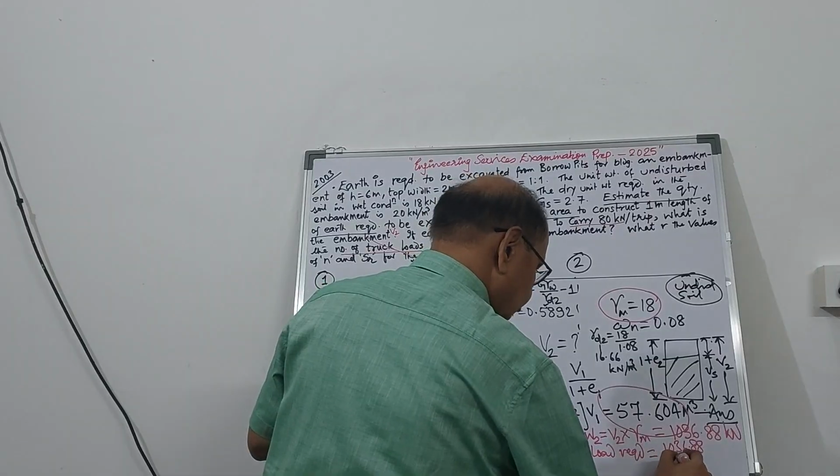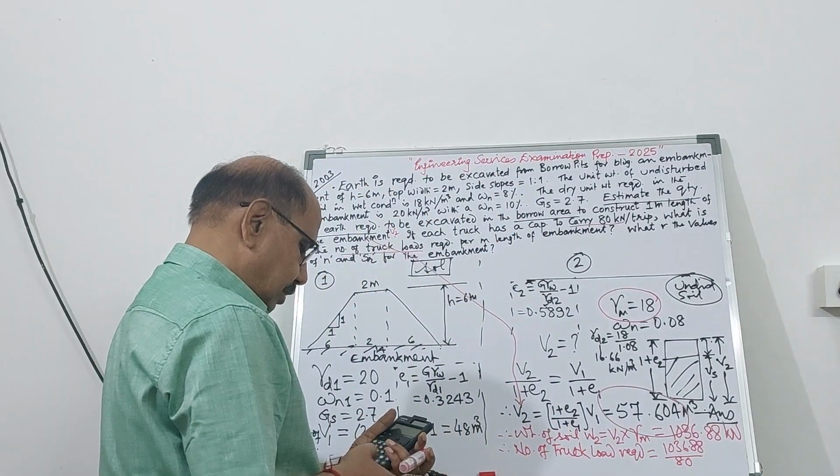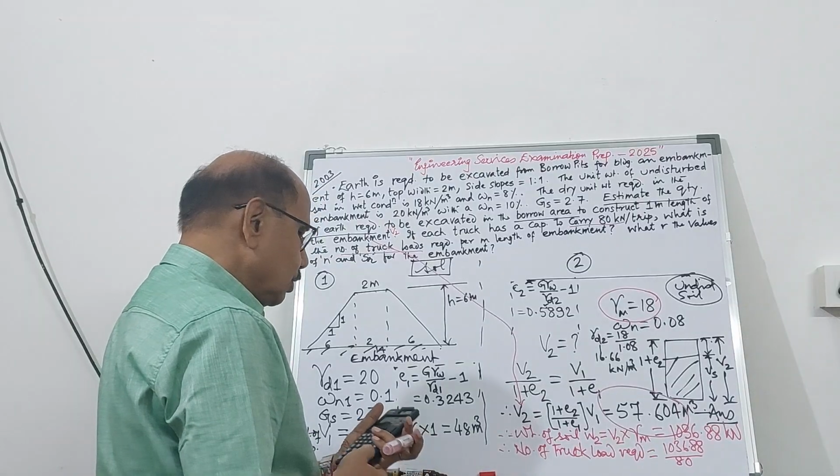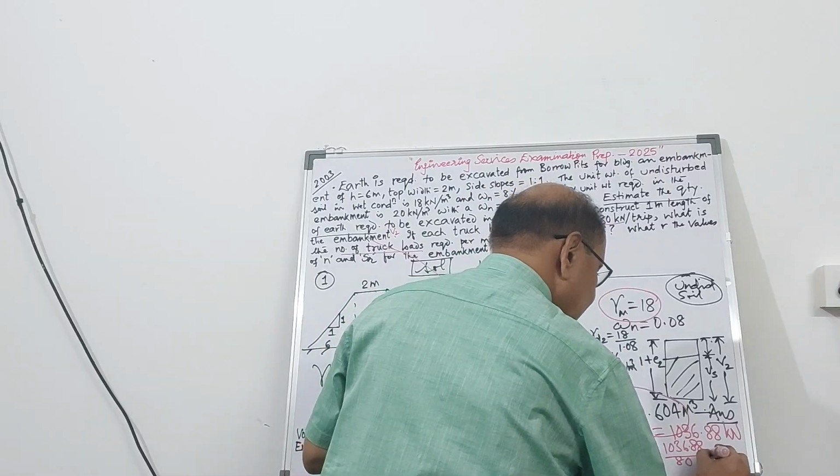If I divide it by 80, it is 12.96, that is 13 trips.